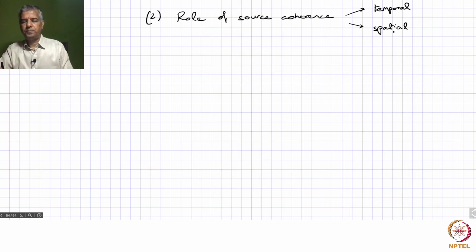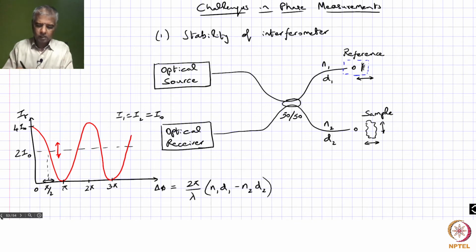Okay. So spatial coherence, as you know, is how well two points across a wavefront are correlated. And if you are talking about light actually coupled through, let's say, all of these fibers, sorry.